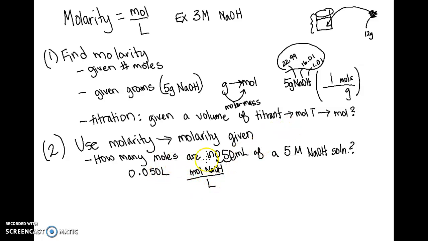You can see from this that I have 5 moles per 1 liter. To save time on the video so I can get through more, I'm going to let you do that math. The liters cancel out, and then I would have how many moles.